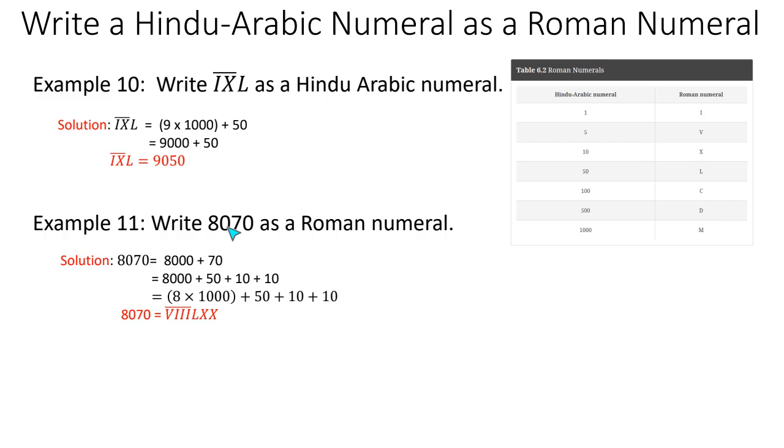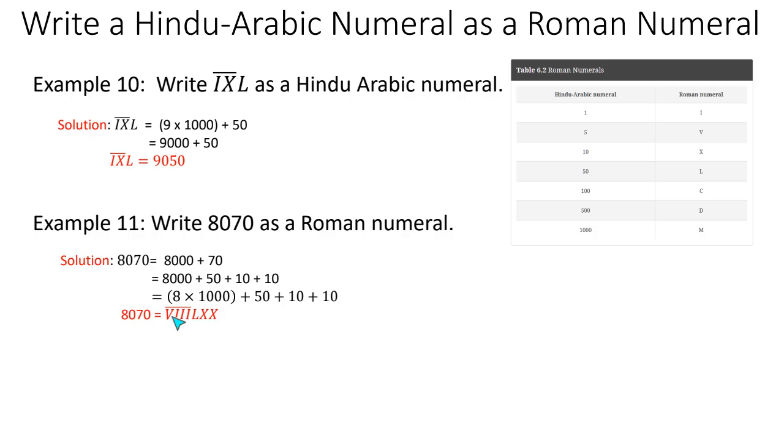If we want to write 8070 as a Roman numeral, then the 8 is going to be 8,000, and then we have 70. So 70 I can write as 50 plus 10 plus 10. I have no value for 8,000, but I know that I can multiply 8 times 1,000 to give me 8,000.